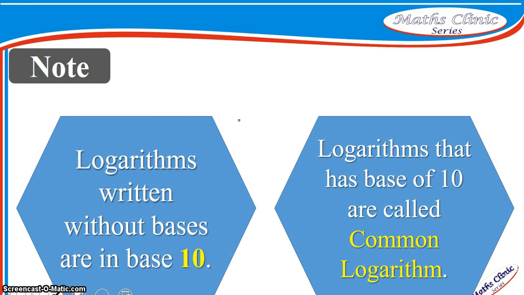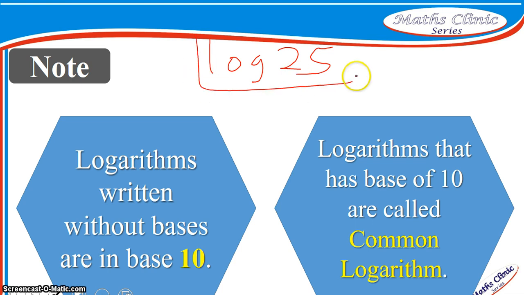Now we want to take note of this before we end this part of the video. Logarithms written without bases are in base 10. Anytime you see log written without a base, assume it's in base 10, and that base 10 makes it a common logarithm. So logarithms that have a base of 10 are called common logarithms.